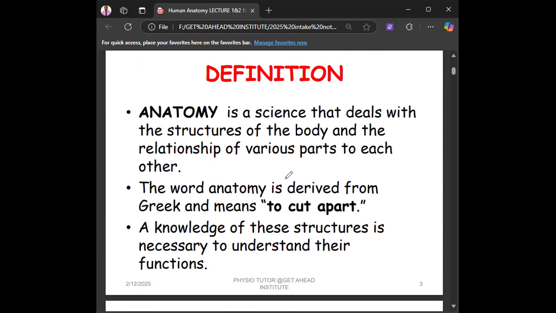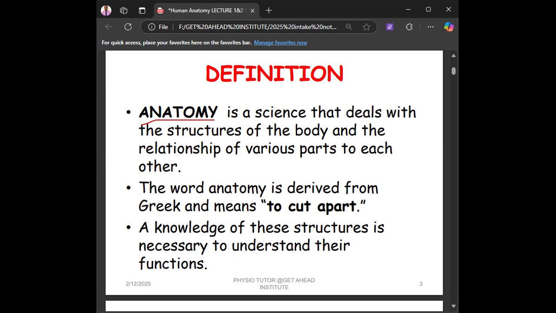So as a way of introduction, what is anatomy? By definition, anatomy is basically a science that deals with the structures of the body and the relationship between various parts of the body.